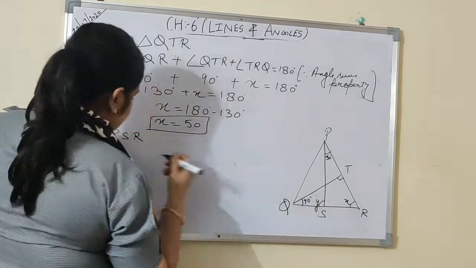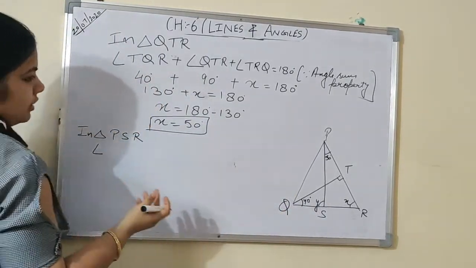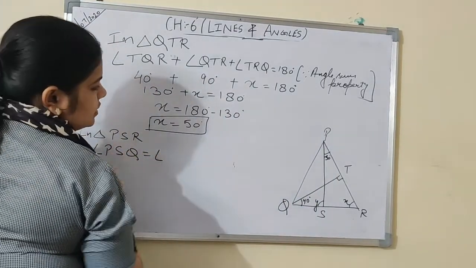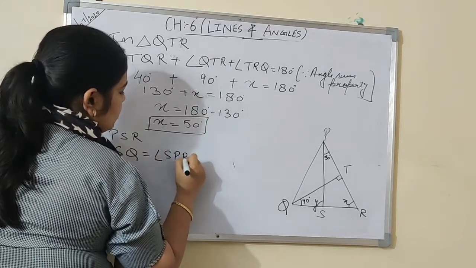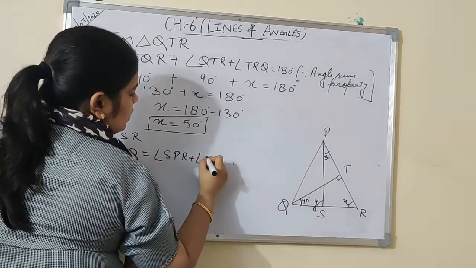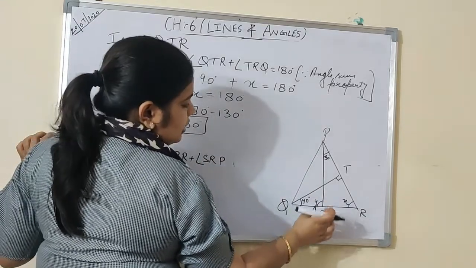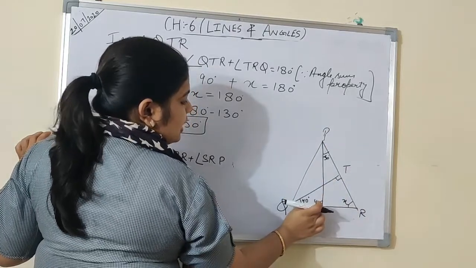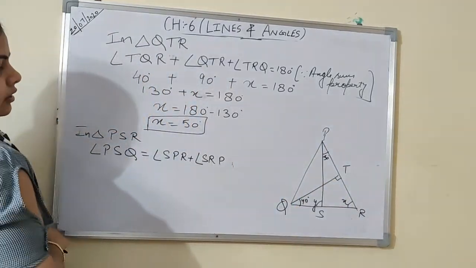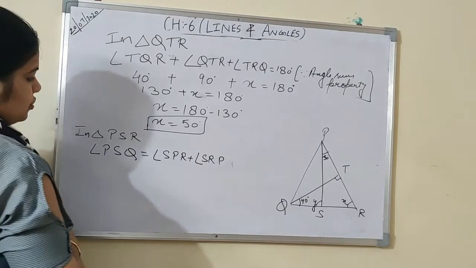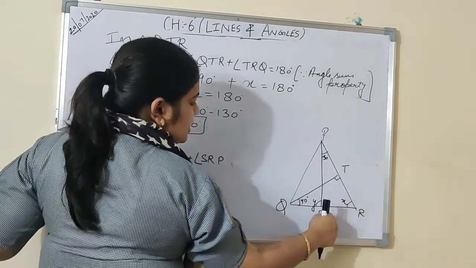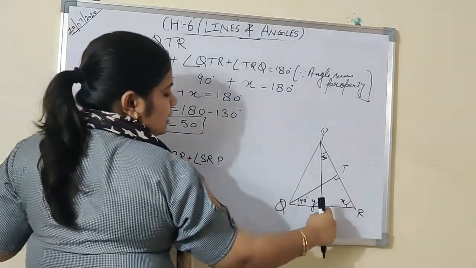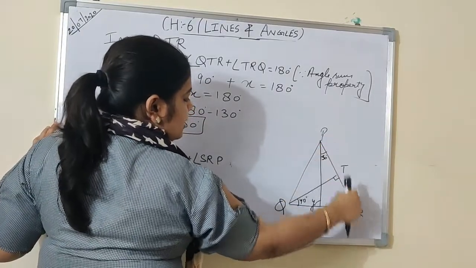According to that, you can write angle PSQ is equal to angle SPR plus angle SRP. You can see here that this is acting as an exterior angle, and these two angles are acting as the interior opposite angles. So I have written angle PSQ first, and according to that theorem, it is equal to angle SPR plus angle PRS.